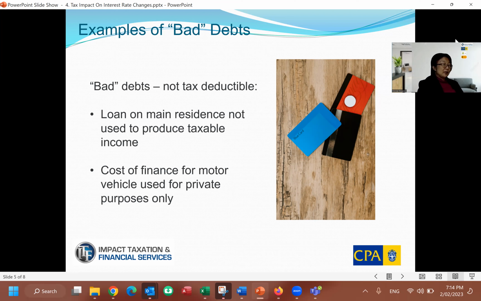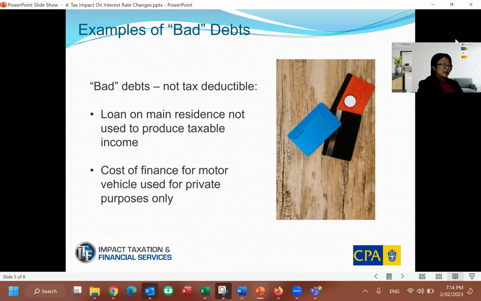Next, let's have a look at the real impact on good debts. For bad debts, unfortunately, the amount of the interest rate increase is something you have no other way to reduce. That's going to be your real cost increase. But if you have any good debts for tax purposes, the interest impact depends on the marginal tax rates of different entities.